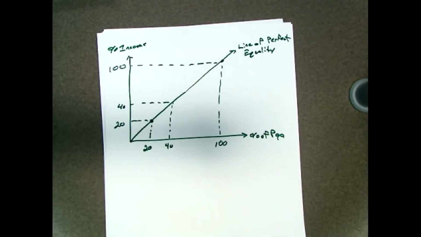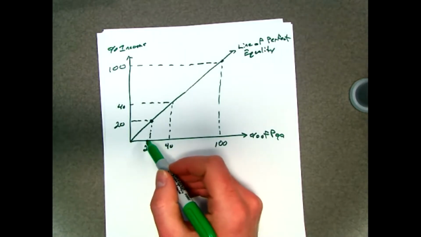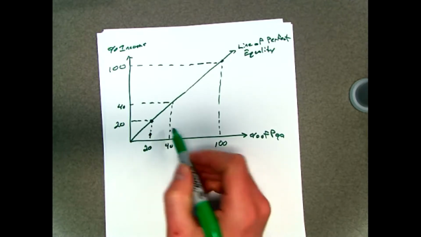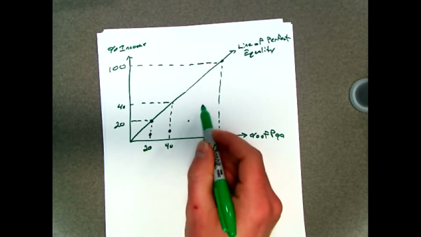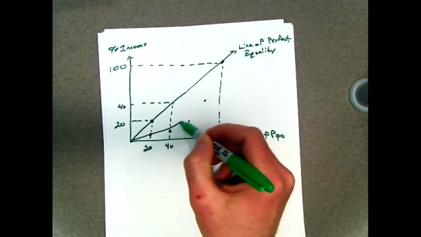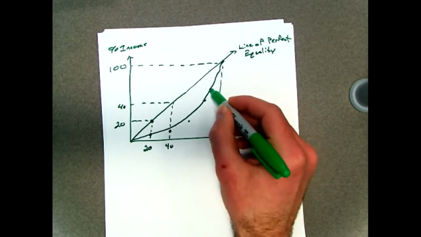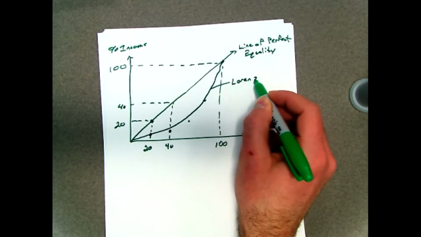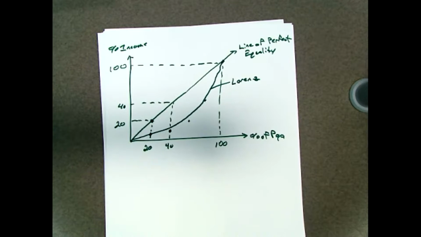So we then plotted what our city would look like. We came up with what our bottom 20% of income earners own, plotted that point, bottom 40%, 60, 80, and then 100, 100. So we had our city or our economy's Lorenz curve, okay?